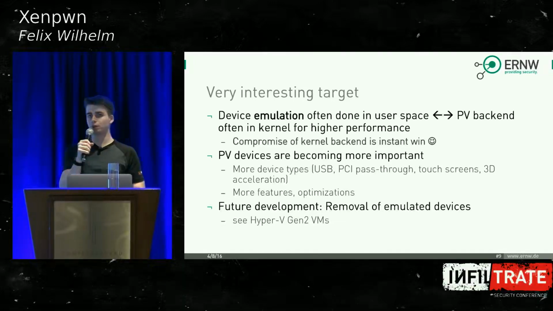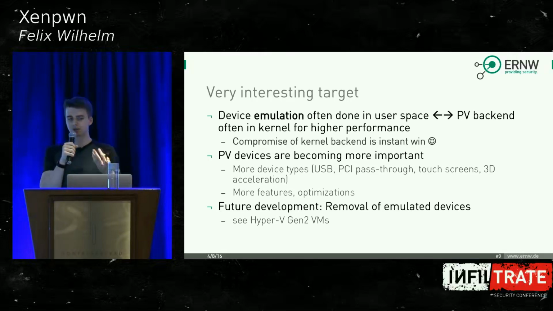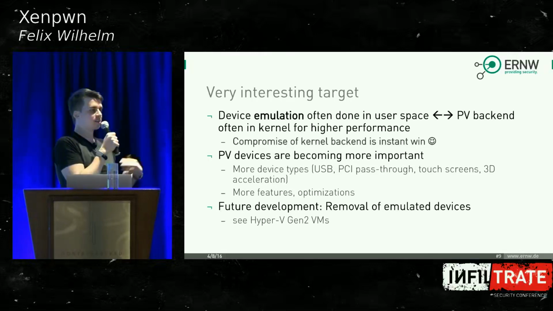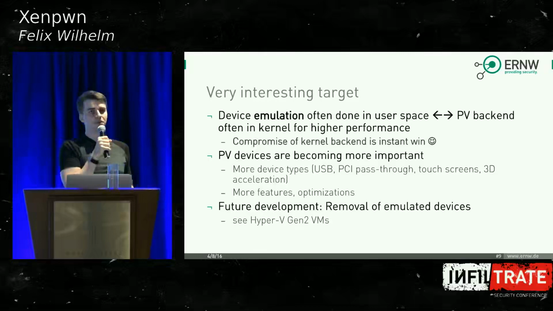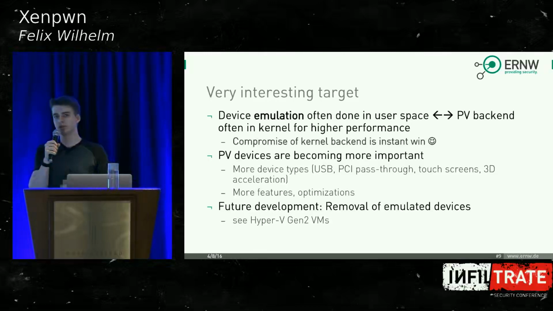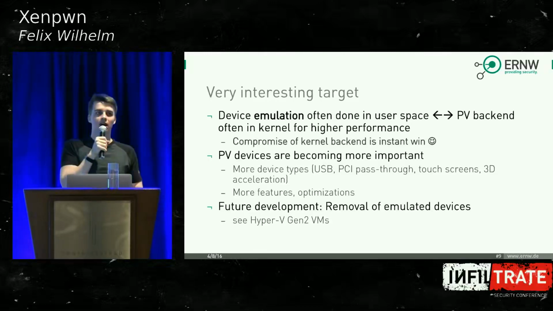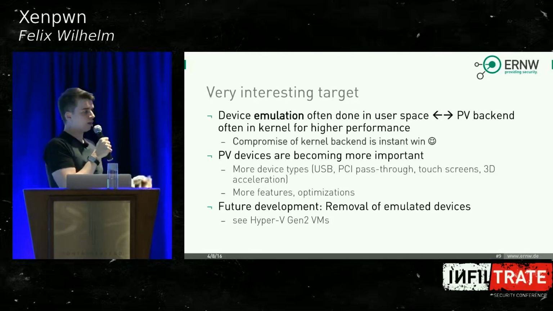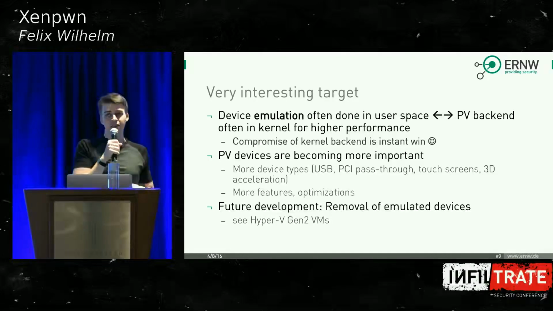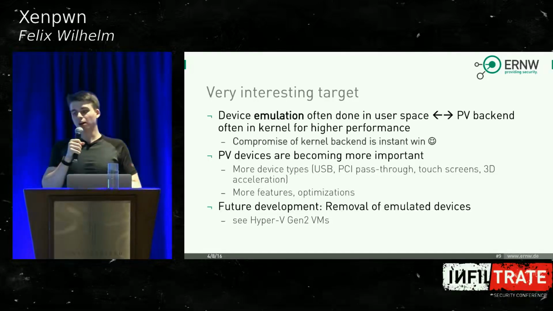And if you look at the code base, this stuff doesn't get easier, so they add more features and more optimizations to increase the performance. So it's not legacy code, they add new features with every release, making it an interesting target.